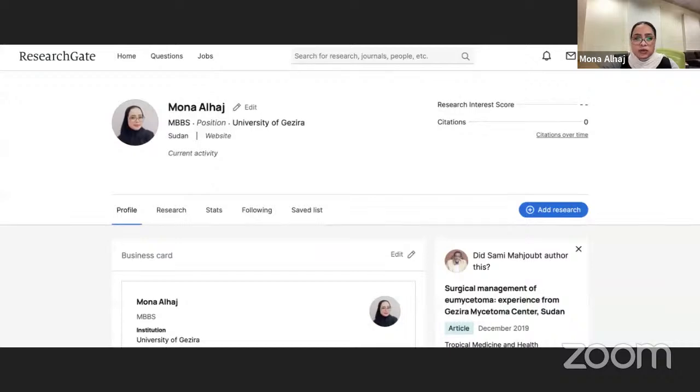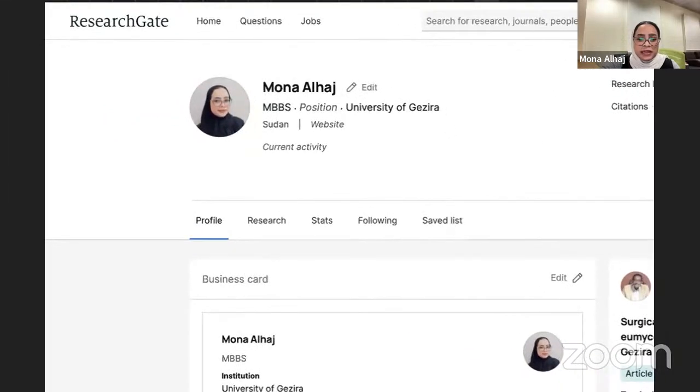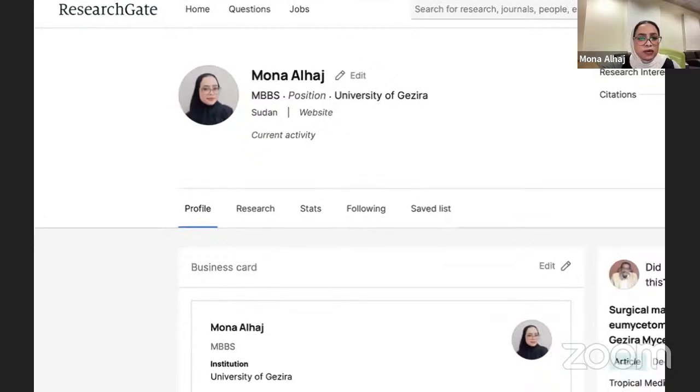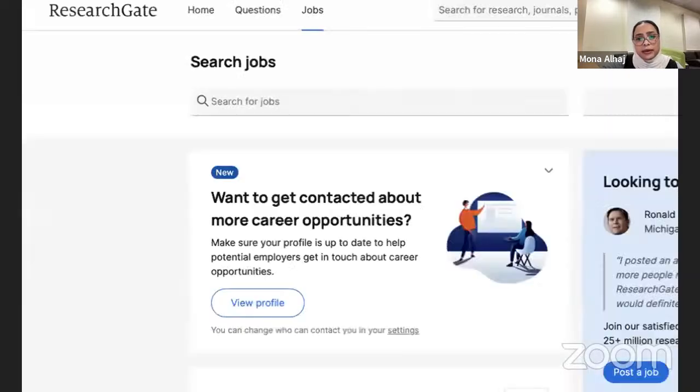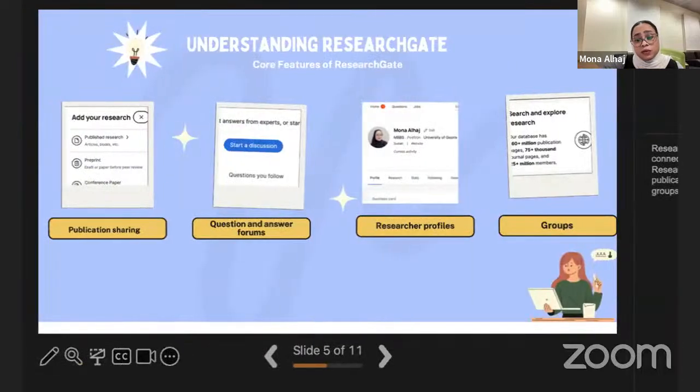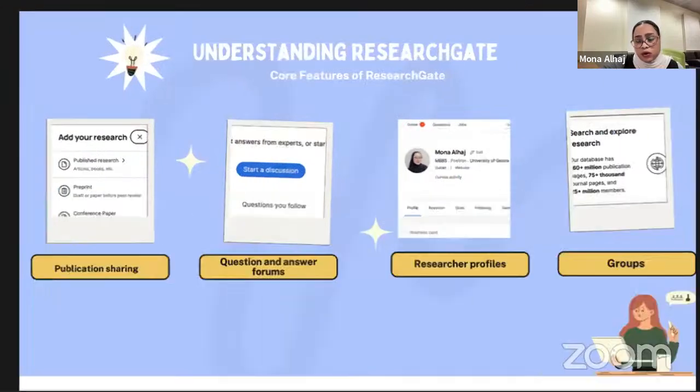So if you use ResearchGate in a well-based manner, you will have very good connections and a very good answer to your basic research struggles. Here I explained ResearchGate, and I will hand over to Dr. Mohammed Alabadi. He will guide us through the rest of the presentation, talking about Google Scholar and exploring the main functions and the main differences between both platforms.